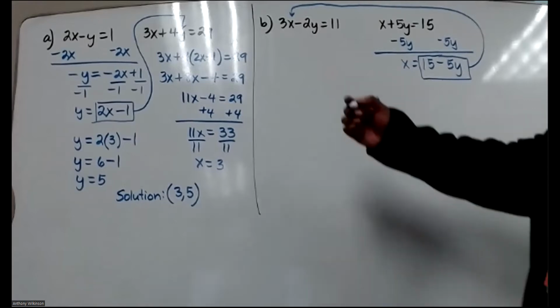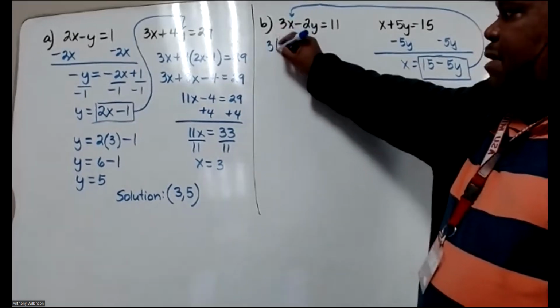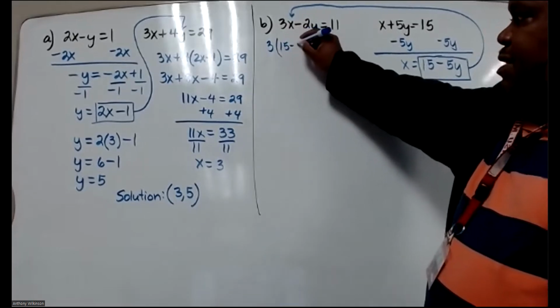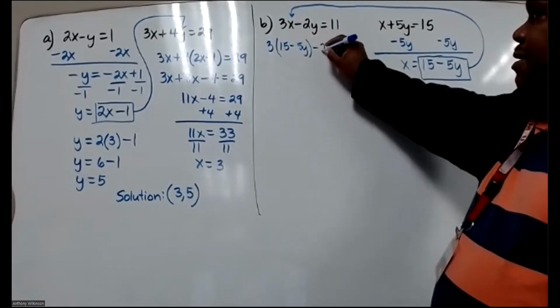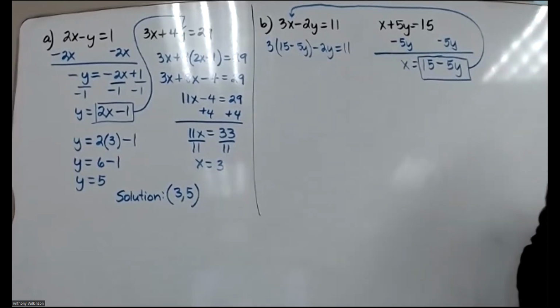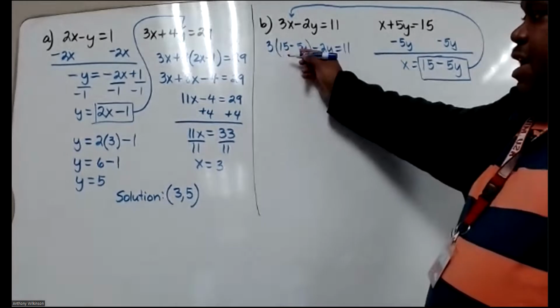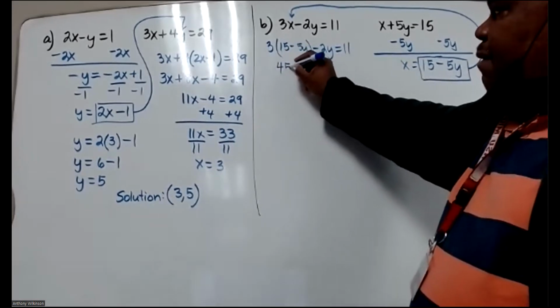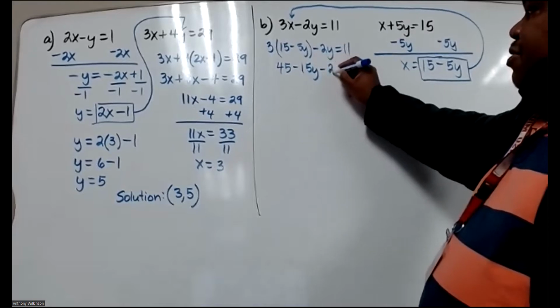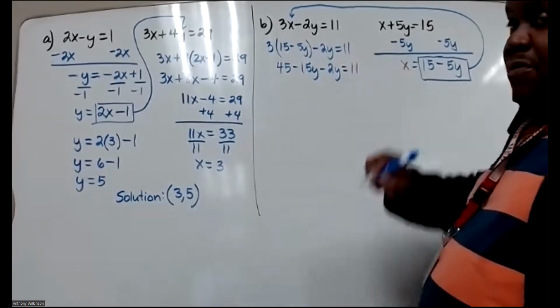So here's what I'm going to have. 3 times, and here x will be 15 minus 5y in the parentheses, minus 2y is equal to 11. And then we just simplify by using the distributive property. 3 times 15, that's 45, minus 3 times 5y, that's 15y, minus 2y is equal to 11.